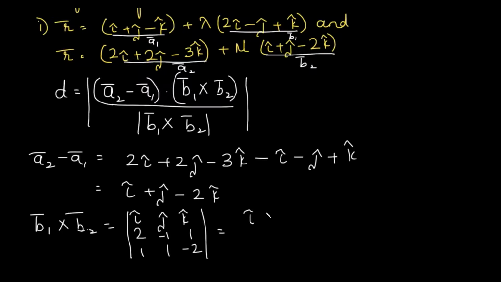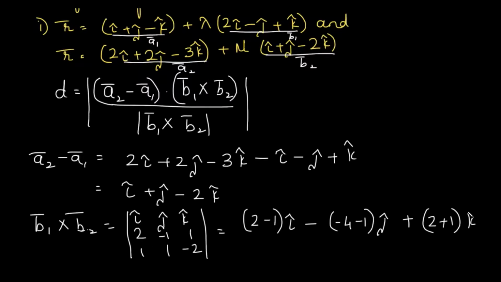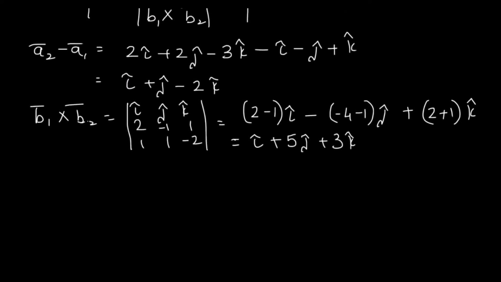Thus we get i times (2 minus 1), minus (minus 4 minus 1) j, and plus (2 plus 1) k, which comes out as i plus 5j plus 3k. So this gives us the second value, B1 cross B2.